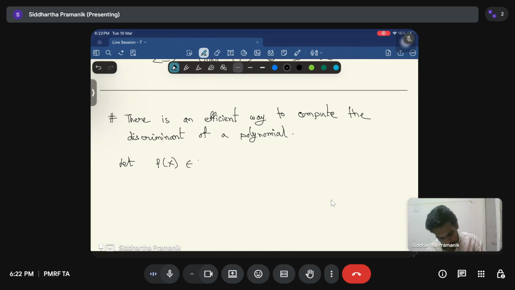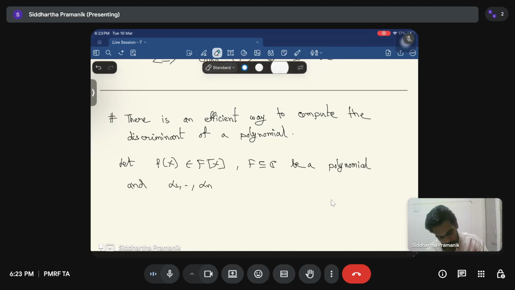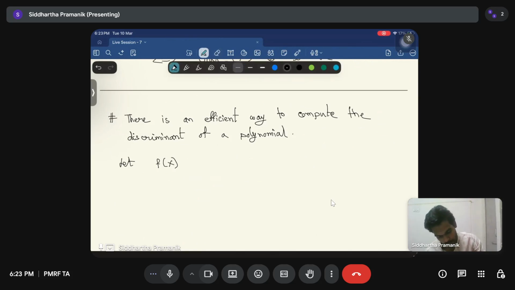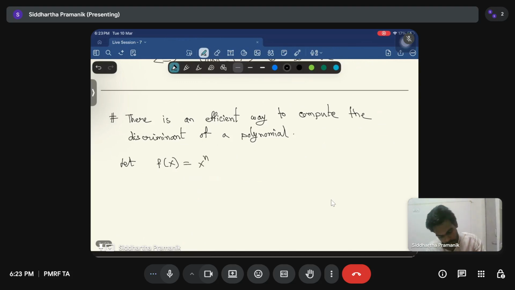Let f(x) belong to F[x], where F is a subset of C, be a polynomial. Maybe I will write it as a definition. I need a monic polynomial.